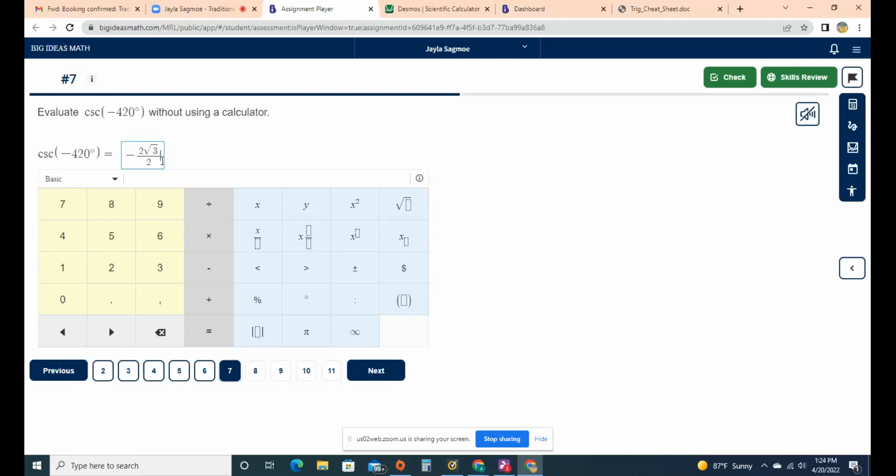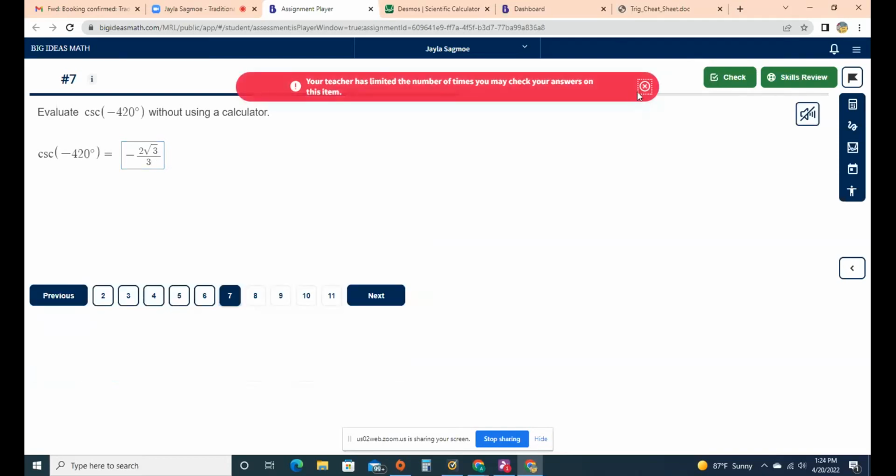Sometimes you have to use the arrow to the right on your keyboard to get it to go down to where you want. Okay, good. What was the bottom one? 3. Okay, let's try that.